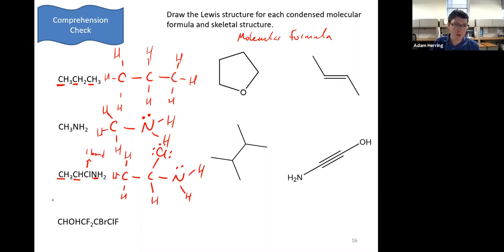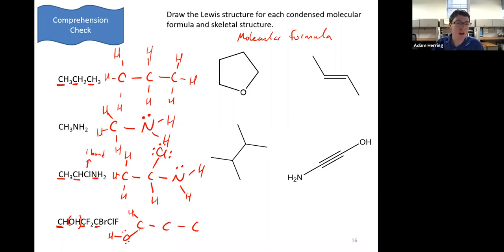The last molecule here on the bottom, we have a carbon, carbon, carbon. So we have 3 carbons. That forms our backbone. The carbon on the left also has a bond to hydrogen, and then oxygen and hydrogen. Now that one might have been a little bit more of a challenge for you, but you should recognize that this comes in a set in order to have the correct bonding pattern.